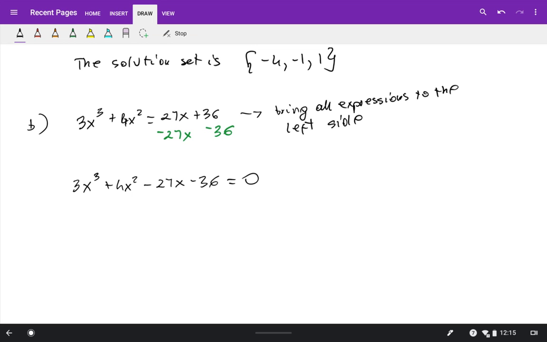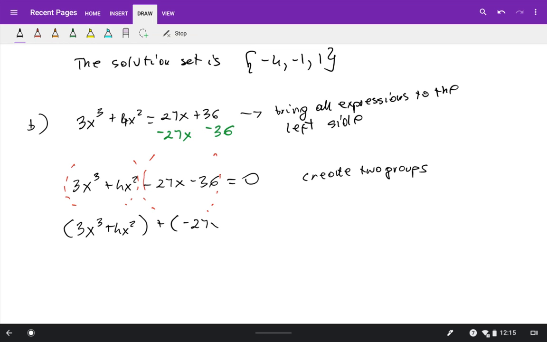Next, what you're going to do is create two groups. We're just attaching extra parentheses. So this is (3x cubed + 4x squared) + (-27x - 36) = 0.